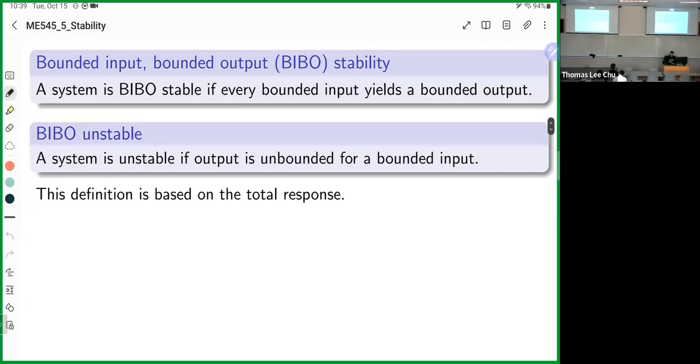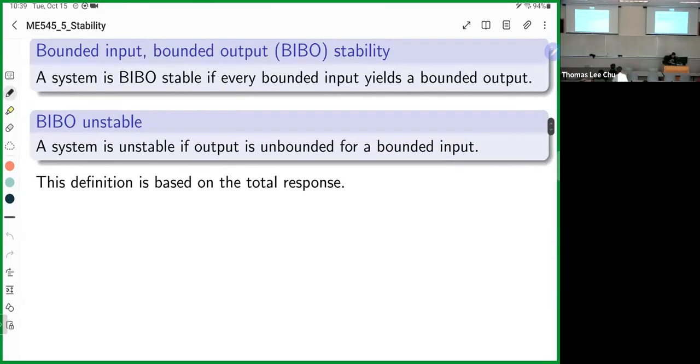One question I want to ask you, and maybe it's not fair, but let's say I have an output response that is marginally stable, like this, and I'll give you context. This is my output response for a system that's oscillating and bounded right here.